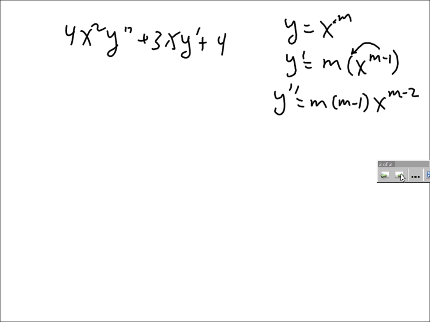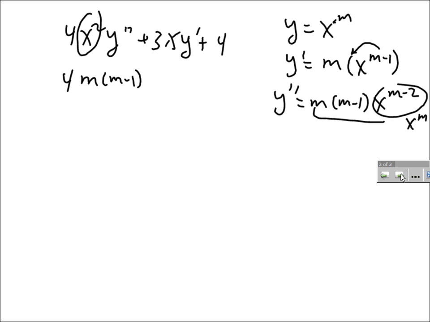Now, when you multiply by x squared, you're going to get x to the m back. Let's actually write it out.